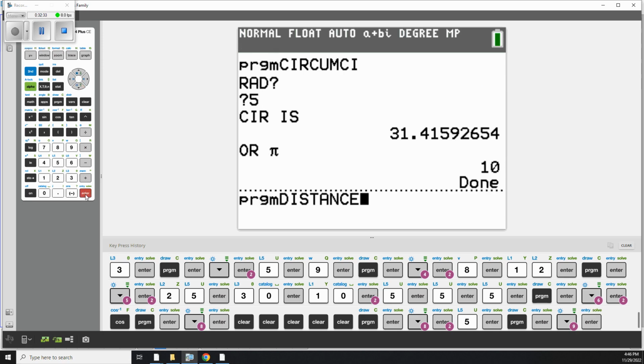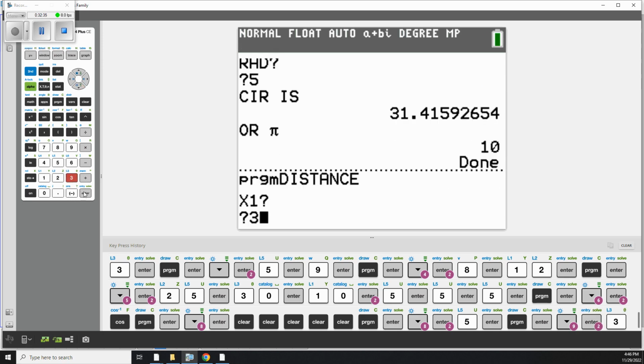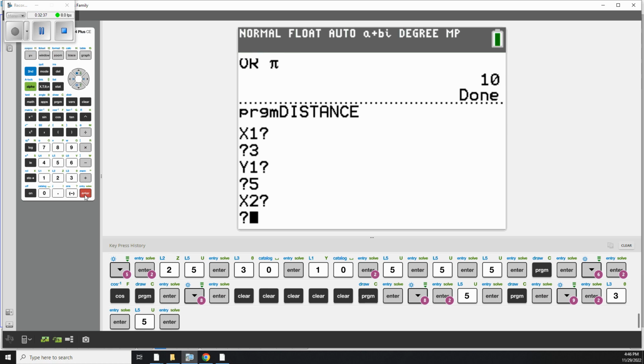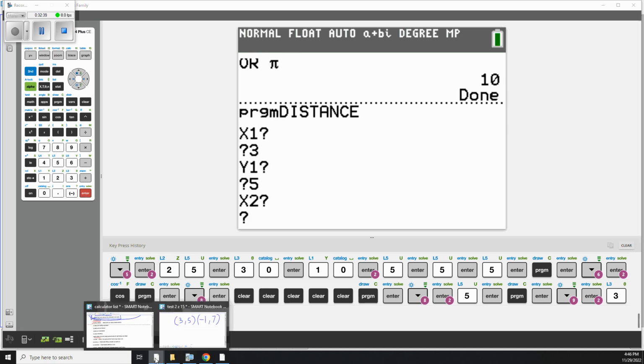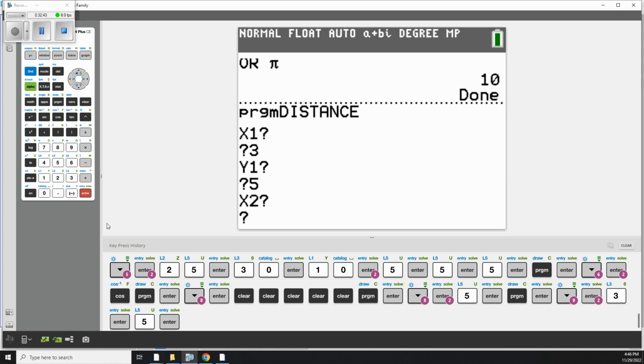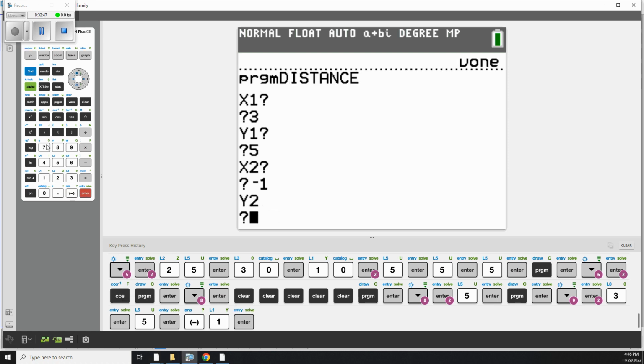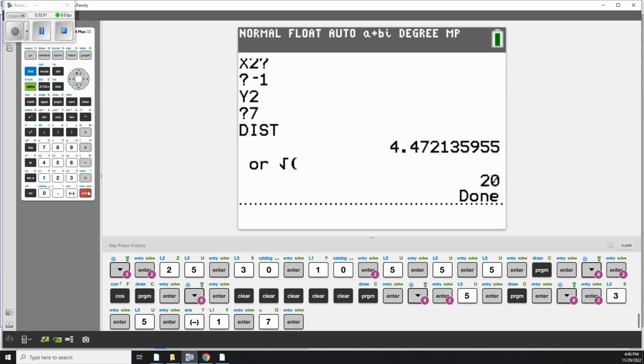You hit 3, 5, enter, and who remembers -1, 7? So -1 is baby negative, and 7 is the y. Boom! The distance is what? 4.47, or the square root of 20.